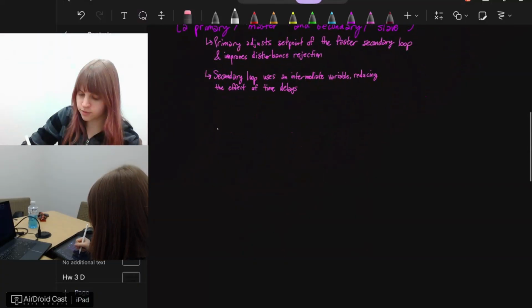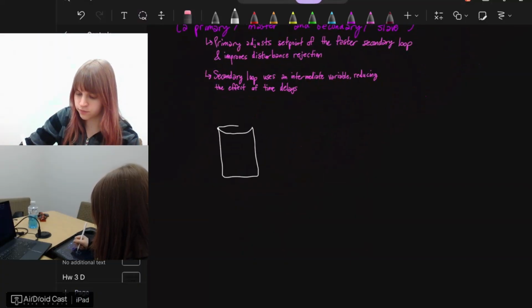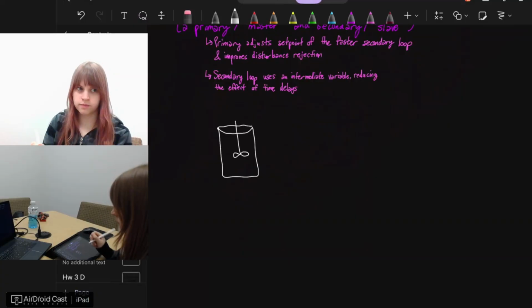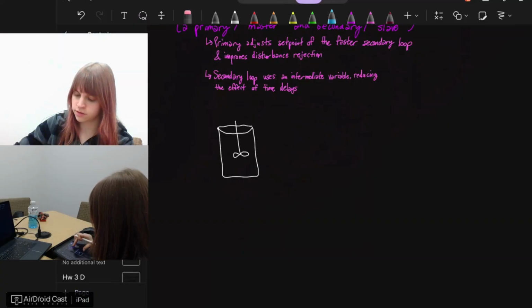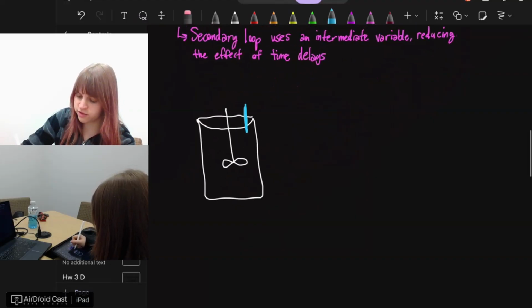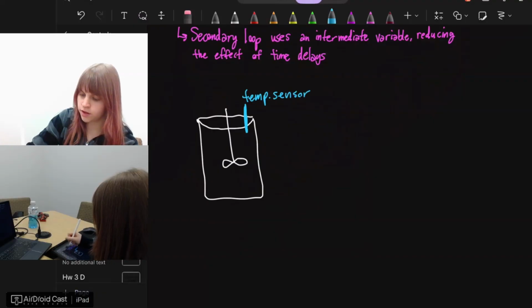So we would have some tank. And this tank will have a temperature sensor. And we said that this is a jacketed tank.